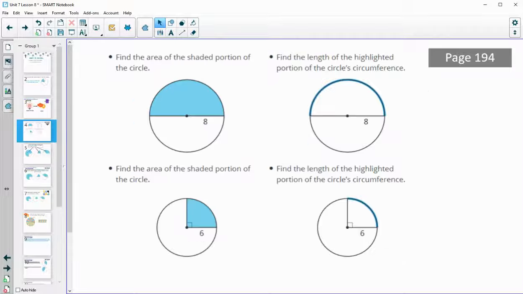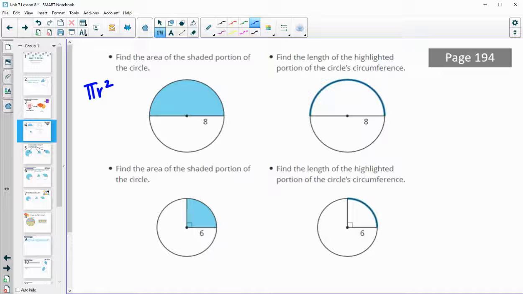All right, so we're just trying to evaluate these mentally, and this means you're probably going to keep it in terms of pi because you're not going to be multiplying pi in your head. If we remember the area formula for a circle, that's pi times the radius squared.